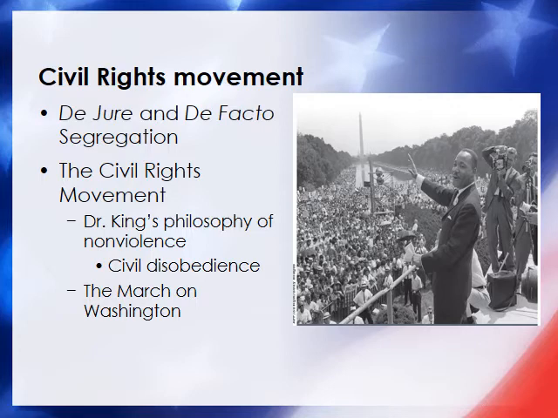And in fact, local authorities, by turning fire hoses on peaceful demonstrators or sicking dogs on peaceful demonstrators throughout the South, as the media covered this and as these images made their way to the screens at night, it was quite clear that it was Southern authorities that looked inherently violent and inherently unstable.